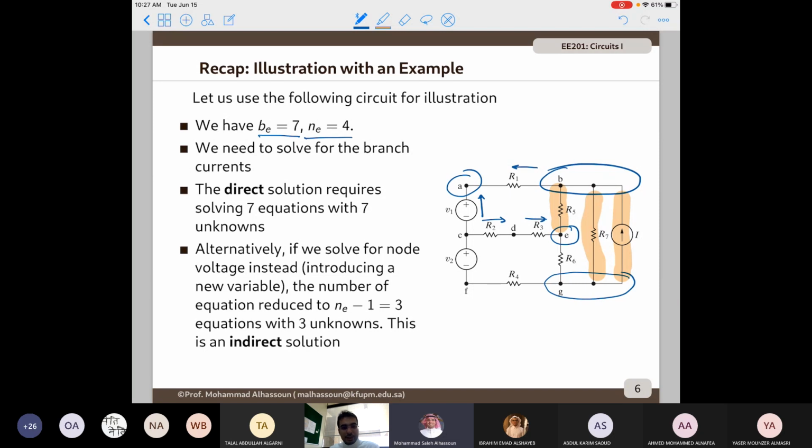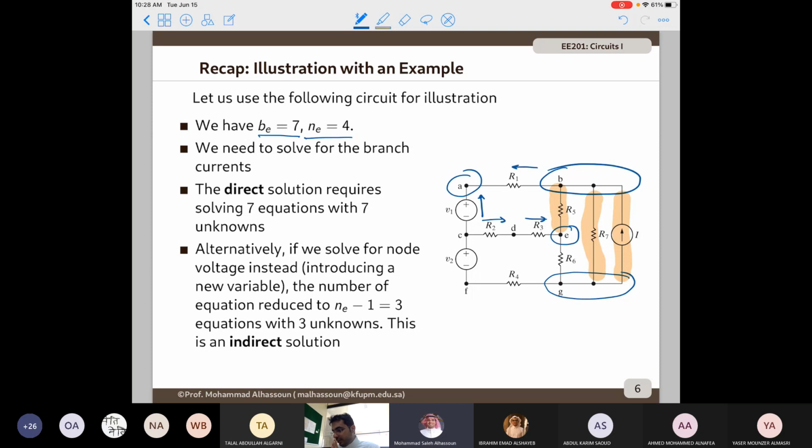If we apply KCL, it will give us 6 linearly independent equations, which means we need one extra equation to solve for the currents in each branch. In order to find that extra equation, we need to use KVL.